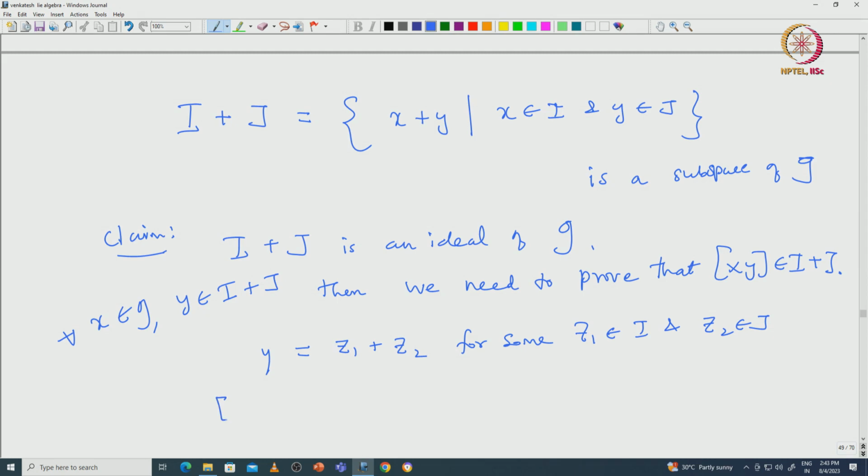So, now if you take the bracket with x, then what will happen? This will split into [x, z1] plus [x, z2].